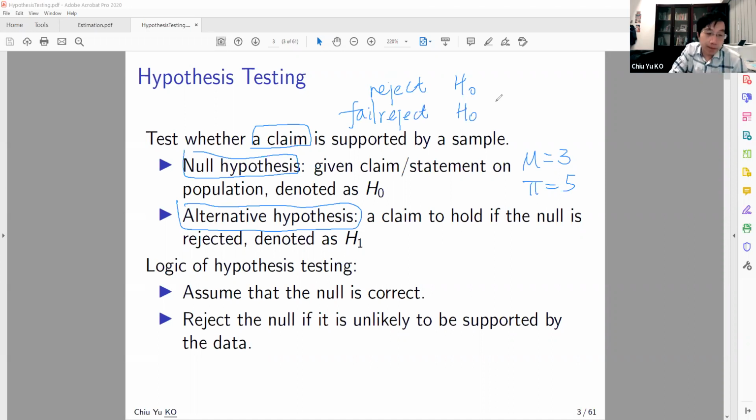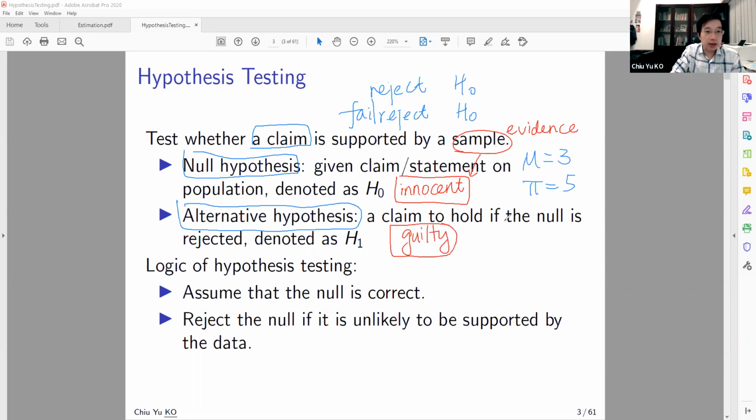This is also terminology actually used in the court system, in the common law tradition. You have the null hypothesis: the defendant is innocent. And then you collect a sample, here is evidence. You would say the defendant is always innocent until there is reasonable doubt from evidence that proves the other way around, that is, guilty.